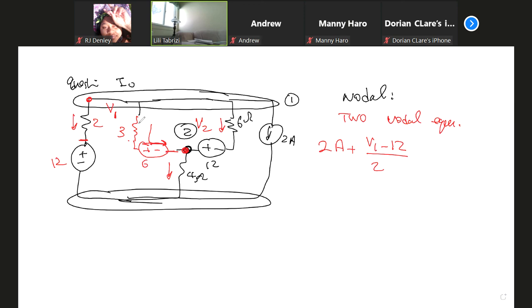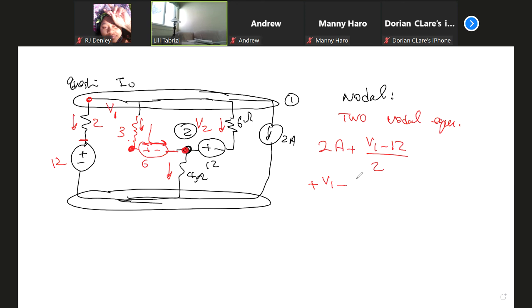It doesn't matter. This is the current. Okay, what is this current? Voltage at this node, plus V1 minus. What is this voltage? This voltage is connected at the positive, so it's 6 volts higher than V2.